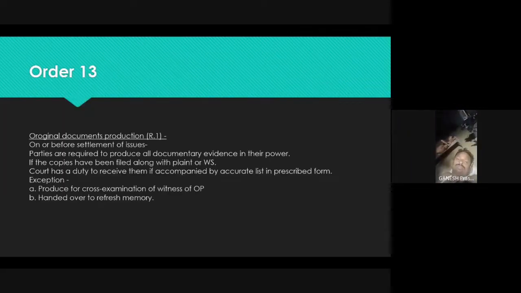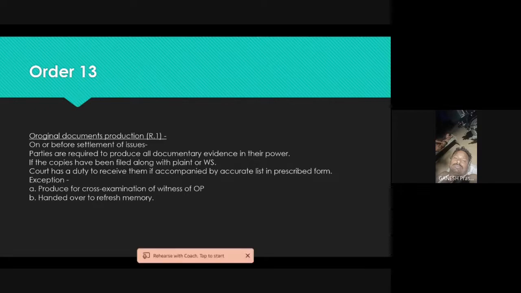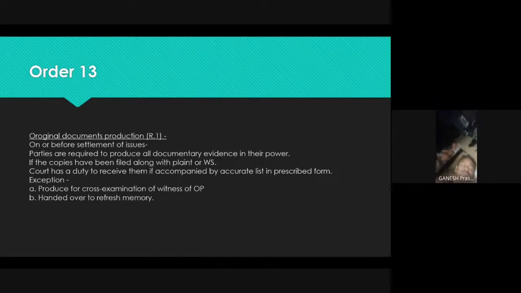Order 13, Rule 1 says original documents will be produced. So it says that the parties who are in power or possession of the documentary evidences, they shall produce it before the settlement of issues or on the settlement of issues.